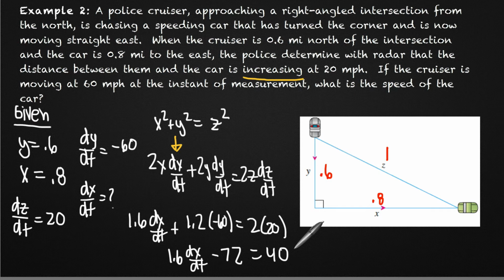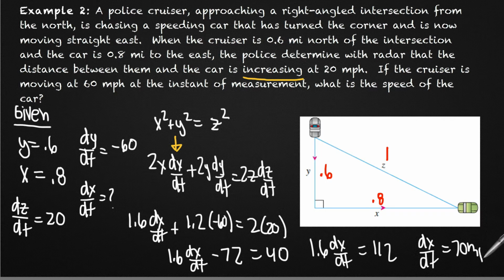And that is going to end up giving us 112. So we have 1.6 dx/dt is equal to 112. And then if we divide 112 by 1.6, we get 70. So we can see that dx/dt is 70 miles per hour.